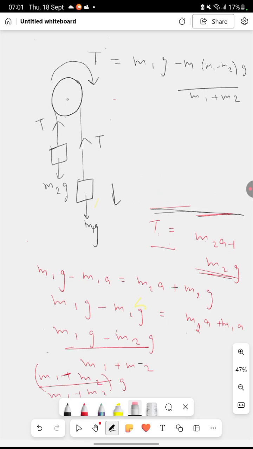Solving it we can write tension equal to 2M1M2 into G upon (M1 plus M2). Okay, this was about connected motion.